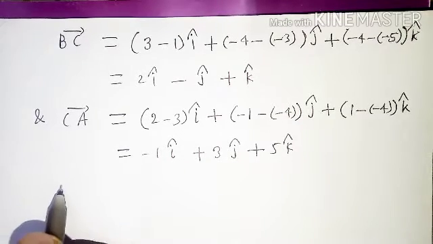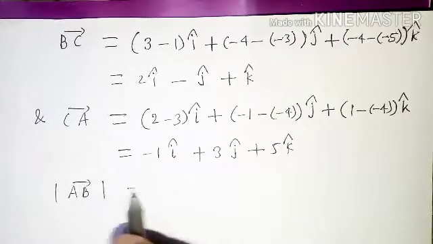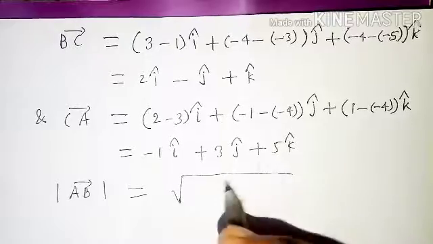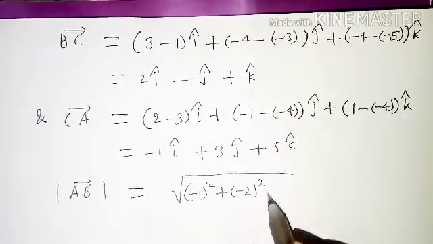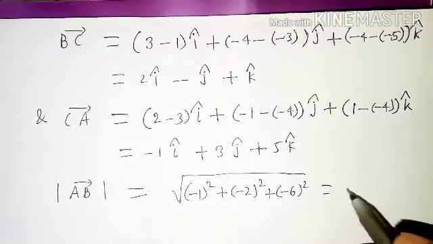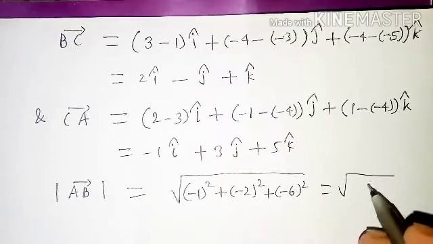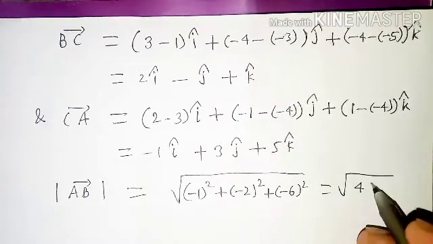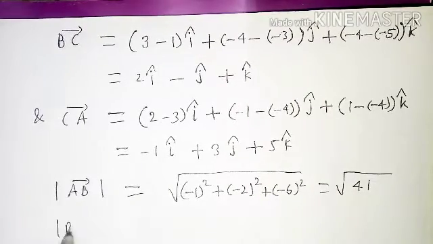Now we find magnitude of vector AB, which will be the square root of minus 1 square plus minus 2 square plus minus 6 square. So we have a square root of 1 plus 4, 5, 5 plus 36, 41.